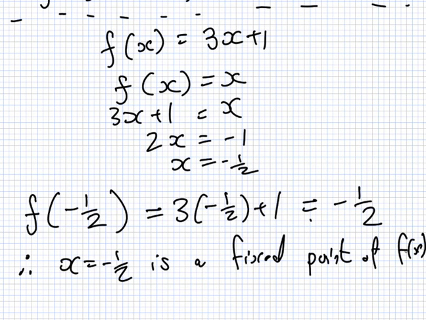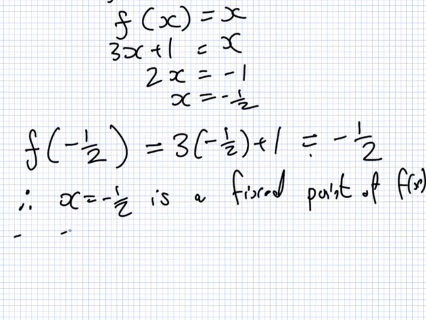So the problem now is, how could we find the fixed point for a function? That is, how can we find this number that is not affected by the function? Sometimes it's easy to find it, and sometimes it's quite difficult to find. So the process I'm going to show you is a bit like Newton-Raphson process for finding it.